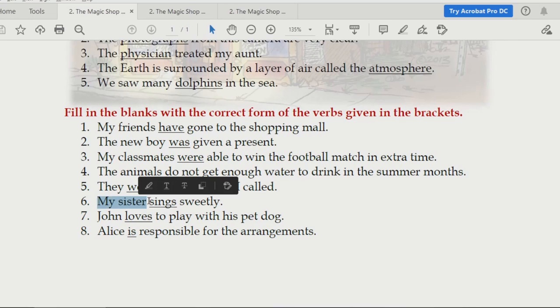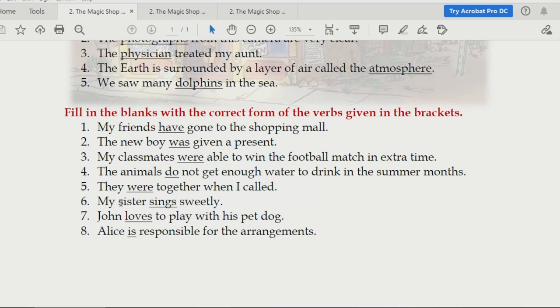Next one. My sister sings sweetly. Why the word sings? Because the subject is singular. Only one person. There is only one girl. My sister sings sweetly. Now, dear students, I'll give you another example.